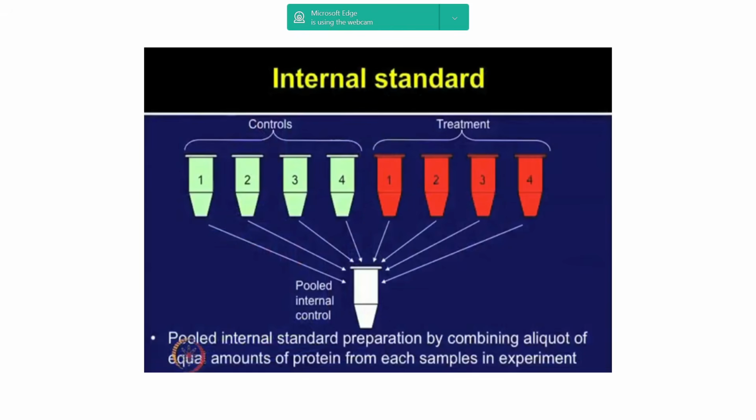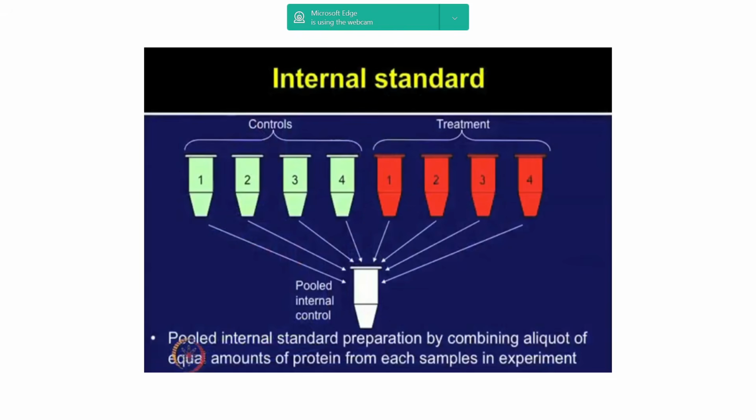So generally, we require an internal standard while doing any kind of proteomic analysis. So what is an internal standard? It is basically a preparation made by combining aliquots of equal amounts of all the samples in your experiment. Once you have the samples in hand, you take an equal amount from all the samples.